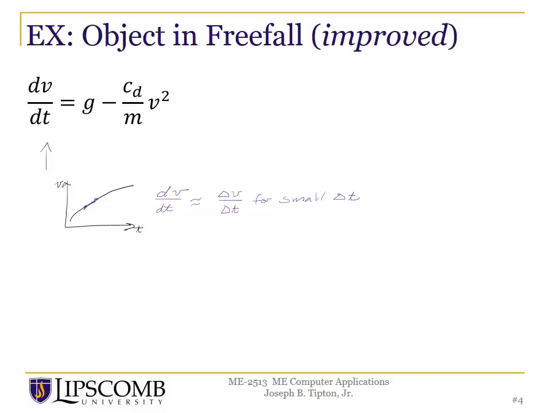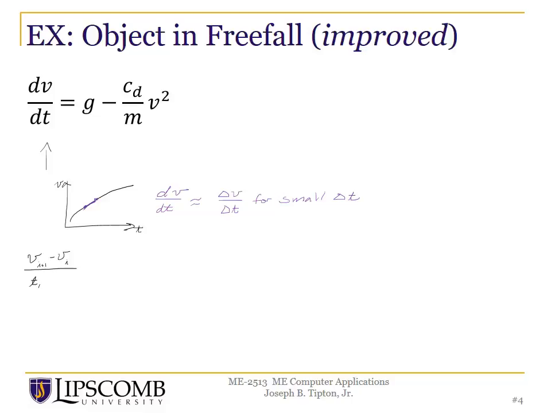Okay, how to use that? Well, I'll rewrite my equation here, replacing the derivative with an algebraic straight line approximation. If I do that, I'll write it in this form. The velocity at one point, which I'll call index i plus 1, minus the velocity at the previous value, I'll call vi. There's my delta v over delta t.